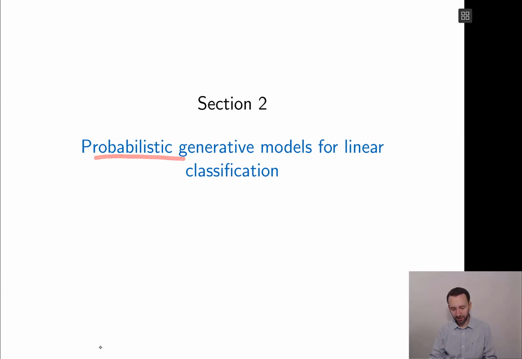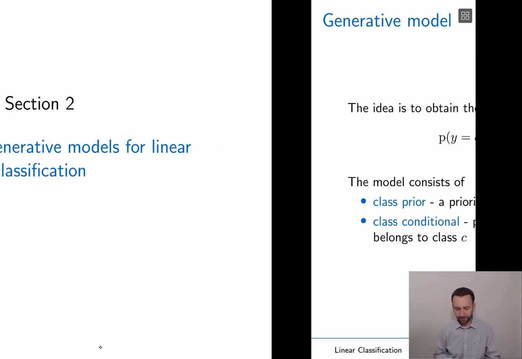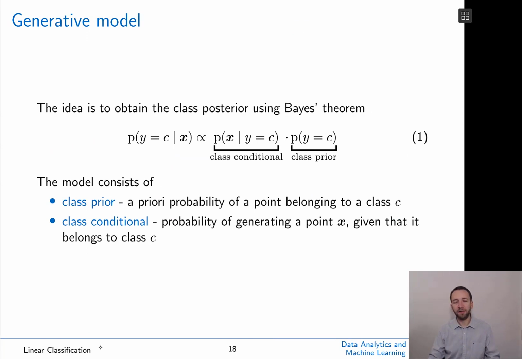So probabilistic generative models for specifically linear classification, but we also see some extension for nonlinear decision boundaries. So again, what do we need to do this? We need to find a distribution over the class labels. So the most likely labels, we have to apply Bayes' rule, and then we see these two terms, which in the classification setting are often called the class conditional, which is the distribution of, let's assume we know the class.